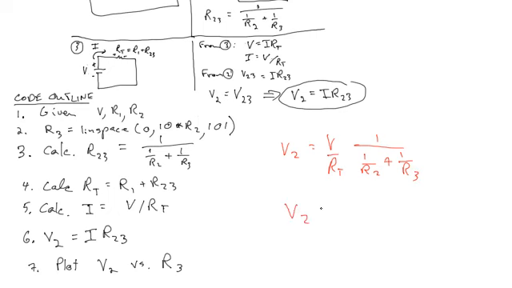So V2 is equal to V over R1 plus 1 over R2 plus 1 over R3, 1 over all that, times 1 over R2, 1 over the reciprocal of R2, plus 1 over the reciprocal of R3.